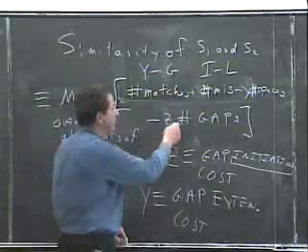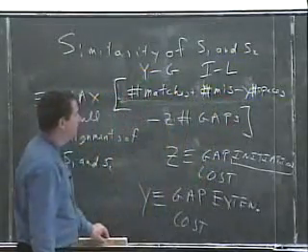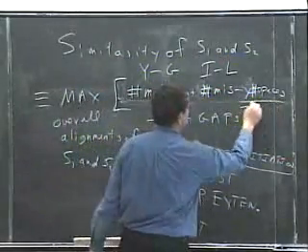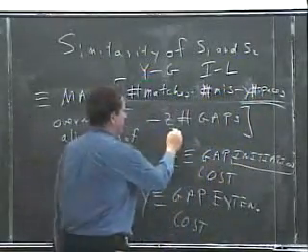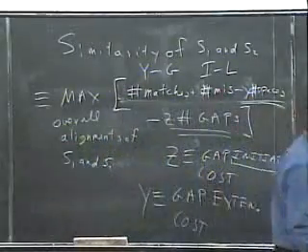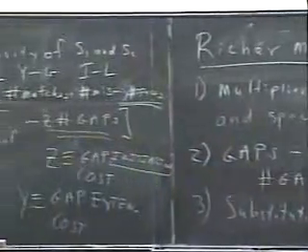You get to play around with what you think y and z ought to be. And in comparing proteins, these tend to be the two parameters to play with: what you have on spaces and what you have on gaps. Okay? So I want to show you a little bit more now about Xperal specifically.